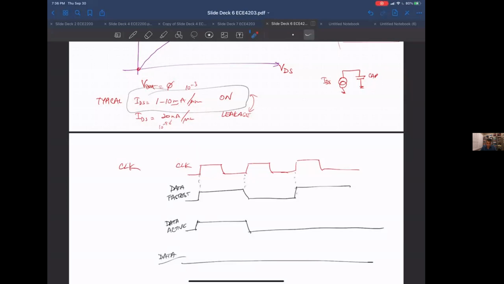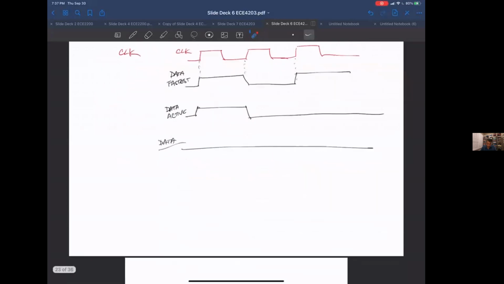And as you'll see later, the power consumption between when the device is operating and the leakage is, in some of the bad nodes, maybe only a factor of 2, or typically maybe a factor of 4 to 1 or something like that.